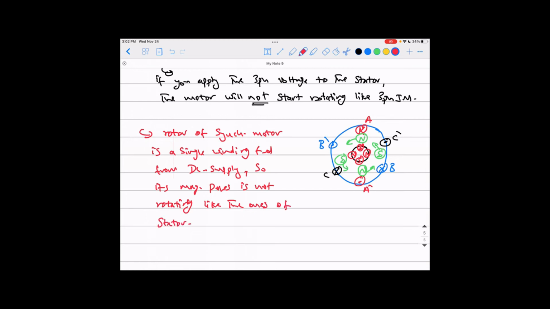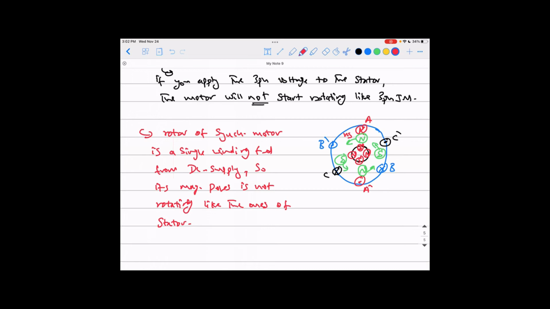What really happens is the poles of the stator, which are green here, are rotating at a very high speed, the synchronous speed, 120 F/P, while the poles of the rotor are fixed at the starting. They are at zero speed. They are not rotating at all.